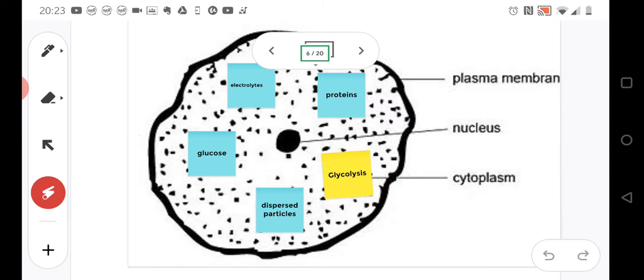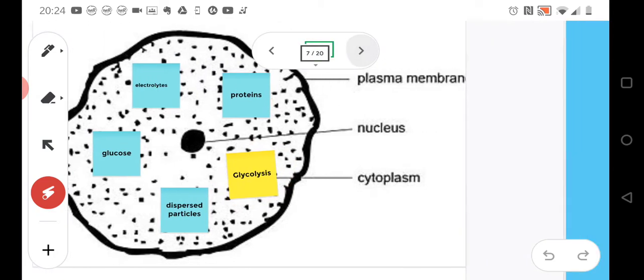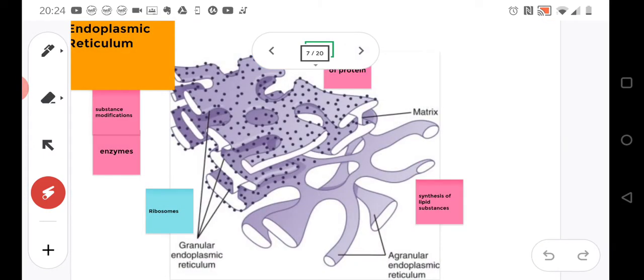We'll talk more about this later, but generally it's a process of acquiring energy without oxygen. Yes, we are mainly acquiring energy in the form of ATP using oxygen and using our mitochondria. But we are also able to acquire some energy using glycolysis without using any oxygen.